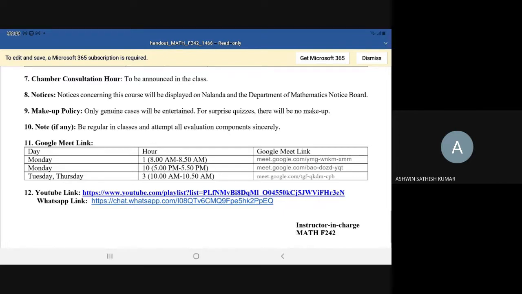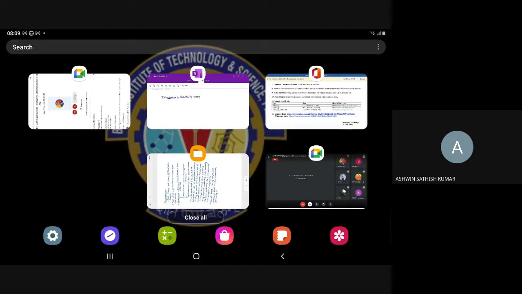So be careful, because here we have a lot of numericals. Any doubt about the course? So I believe that there is no doubt. Great.